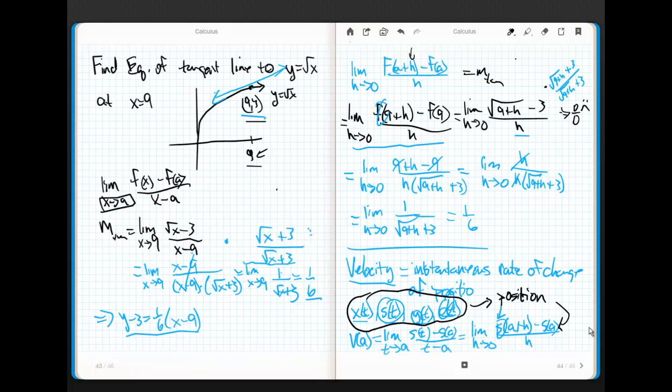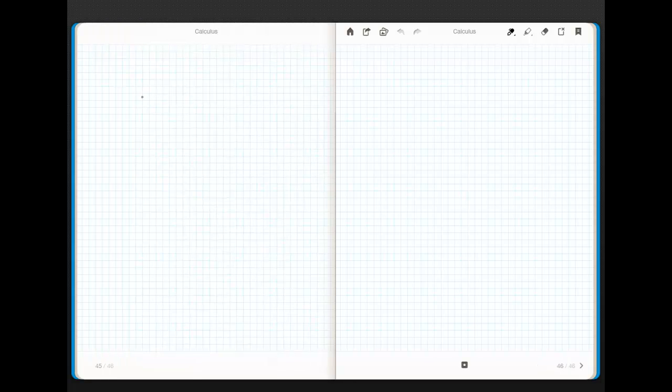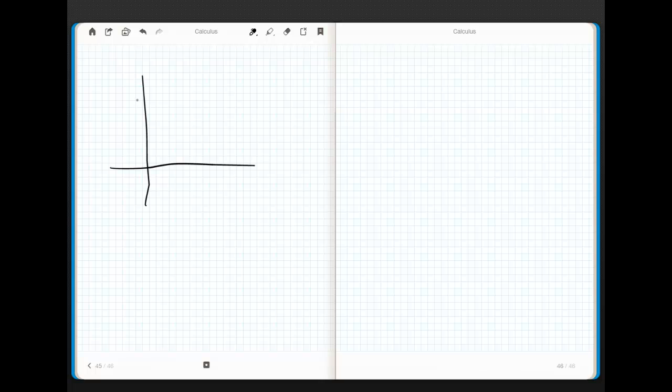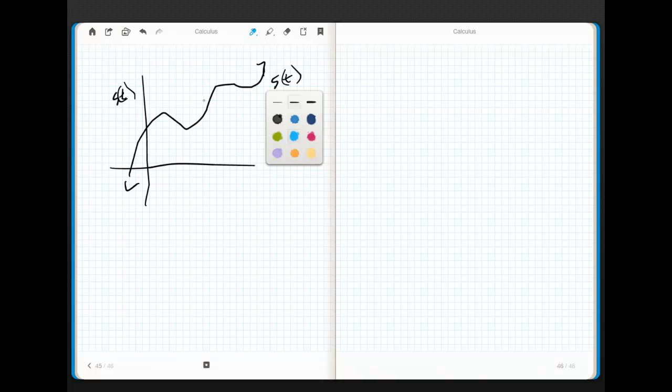Now, let's make sure that we understand what that means. I'm going to change this up. Let's call this s of t. If I'm given a function s of t, and I can figure out what the slope of the line tangent to s of t is, so that I'm going to call this point A, comma, s of A. So this is the position of a particle, right?